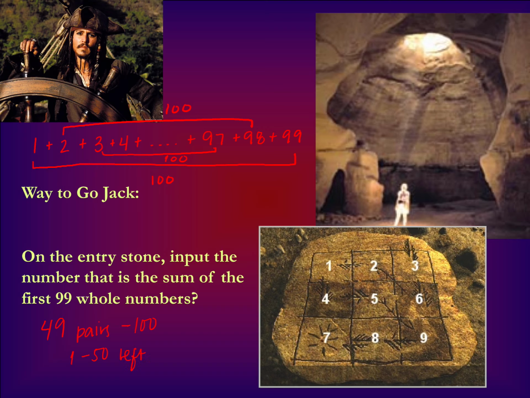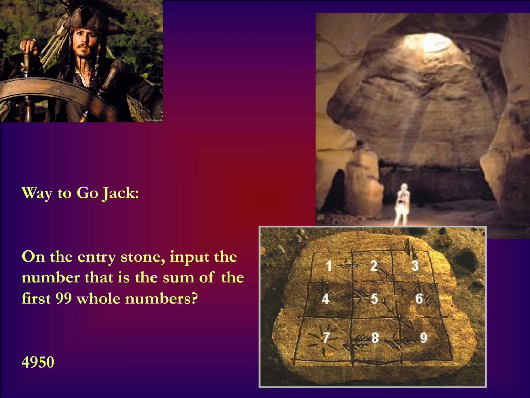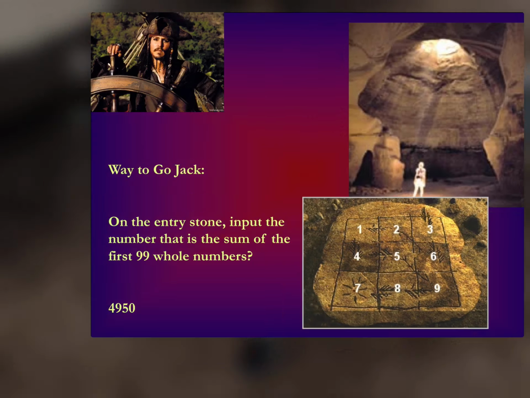But that's still not too bad. 49 100s add up to 4,900, plus the 50 left over gives me a total of 4,950. All right, so 1 to 99 added up to 4,950.